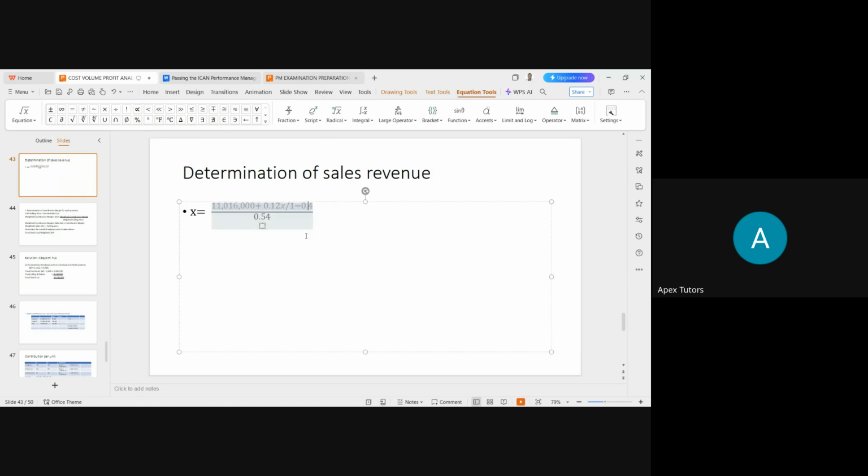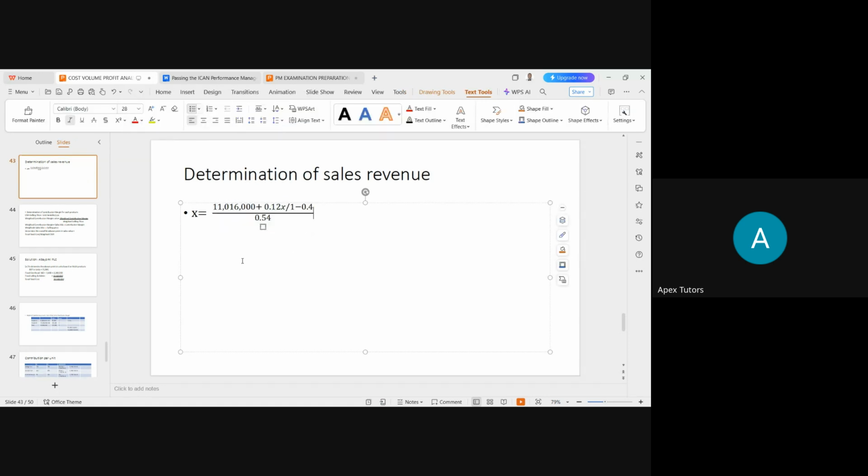So can you just compute the value of X? The value of X will be 32,400,000. All right, let me still show something here because people will be confused.